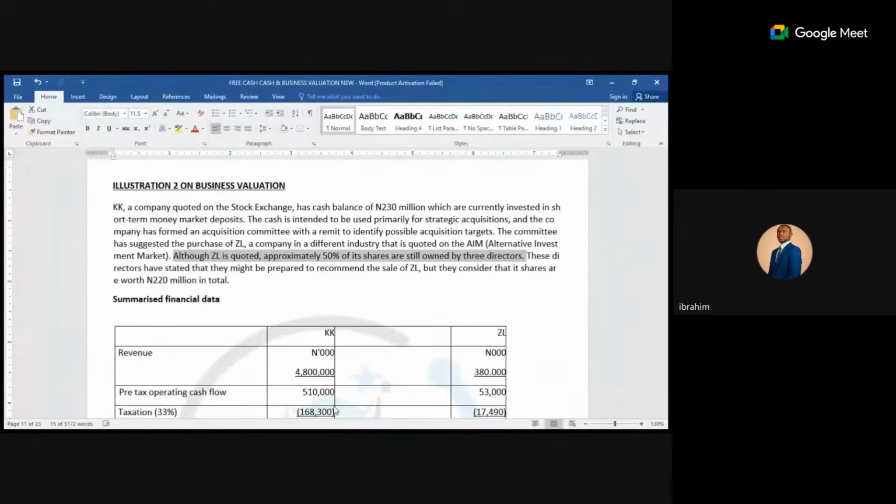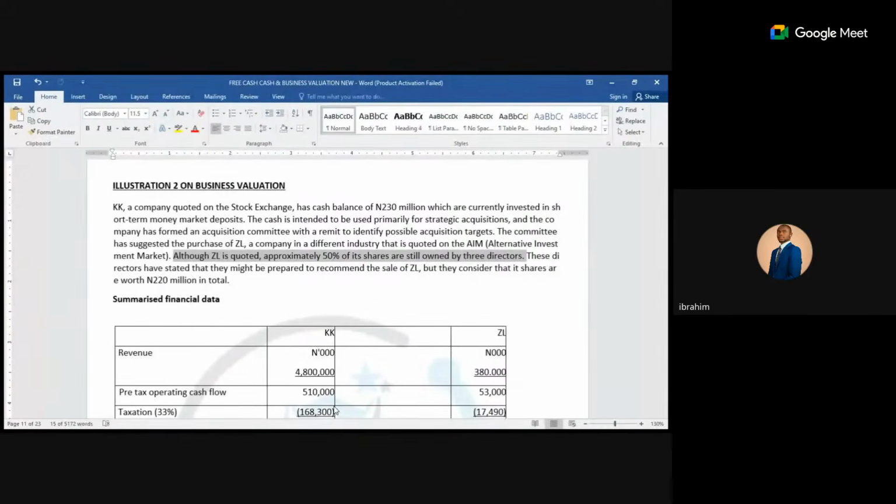ZL is a quoted company. Approximately 50% of its shares are still owned by directors. We have a lot of quoted companies in Nigeria where you can just go and check, and you will see, even in the publicly audited report, the numbers of shares owned by some of the directors.